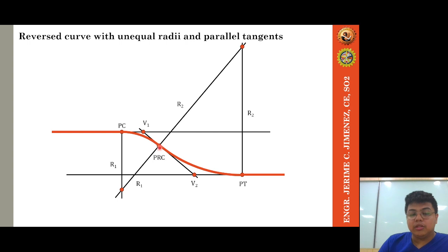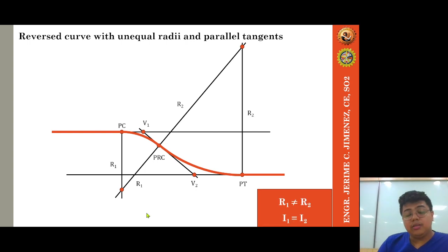When it transitions from the first curvature to the reverse curvature, when PRC is near V sub 1, the length of curvature of the first is smaller compared to the second curvature. Okay? And then, we can now denote that R sub 1 is not equal to R sub 2. But since this is an example of parallel tangents, definitely I sub 1 is equal to I sub 2.